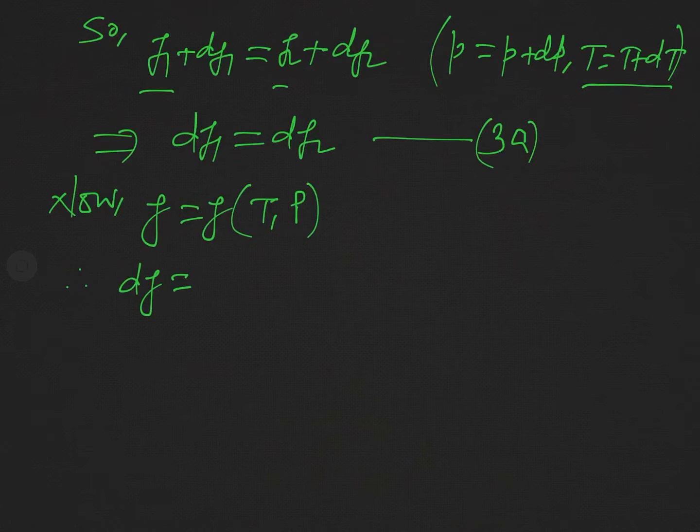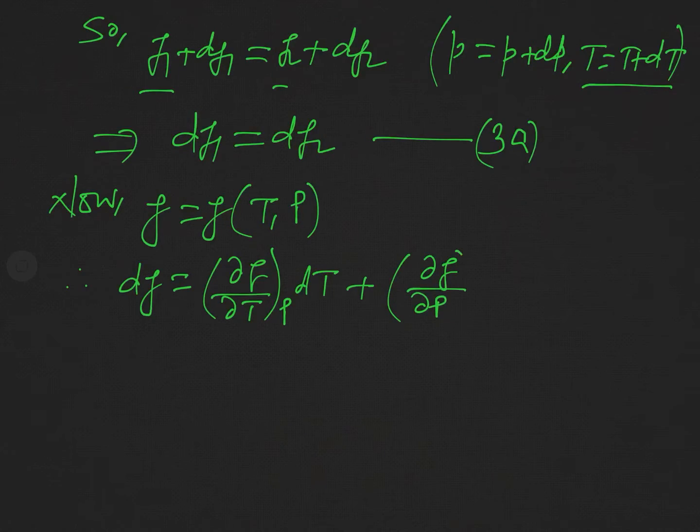This dG will be equal to del G by del T at constant P dt, plus del G by del P at constant T dP. Say it is equation 4.